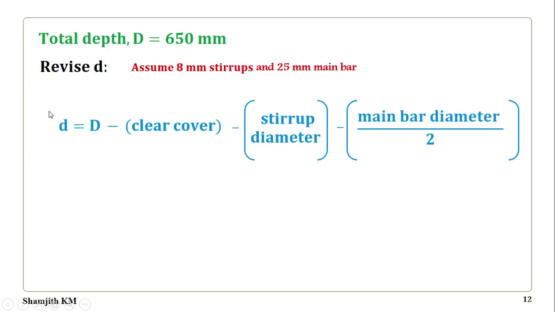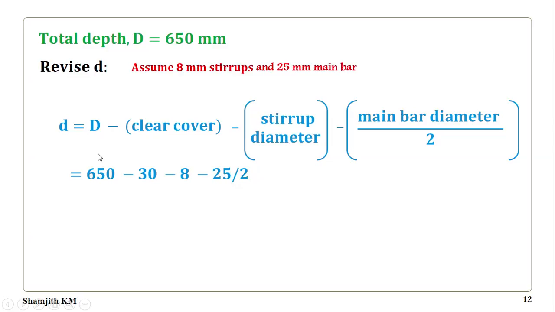So the effective depth is found by subtracting from the total depth the clear cover, which we have as 30 mm, then minus the stirrup diameter, which we assume as 8 mm, and also subtracting the main bar diameter by 2, assuming the main bar as 25 mm.